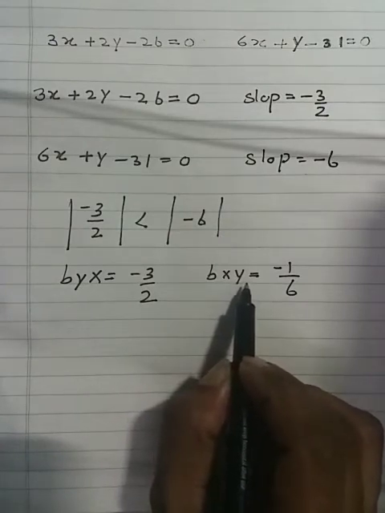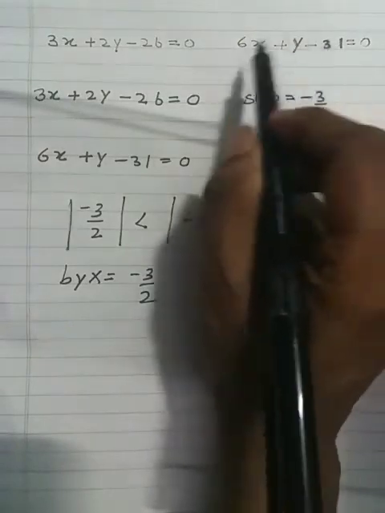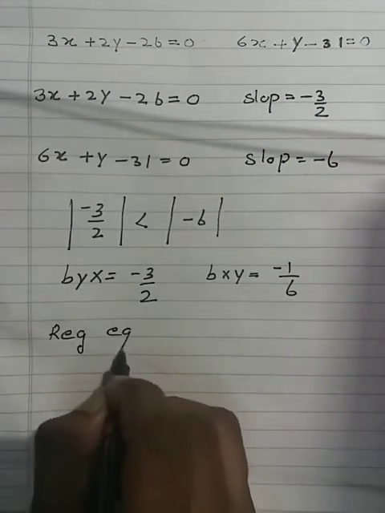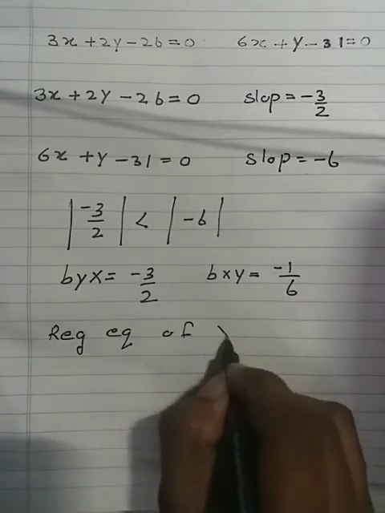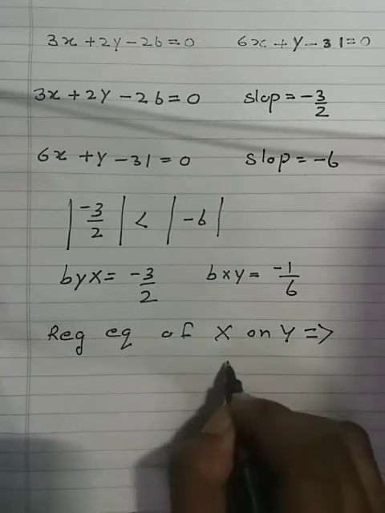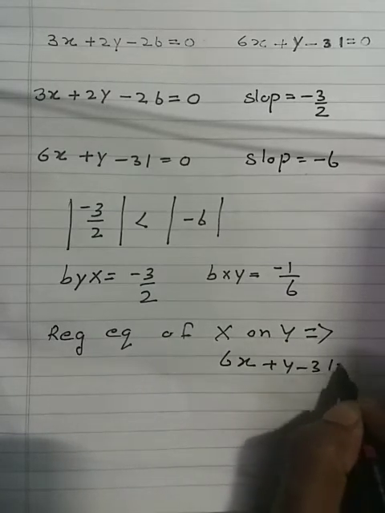So the equation in which bxy is there is the equation of x on y. So 1 and 6 are in this equation. So the regression equation of x on y is the second one, 6x plus y minus 31 equal to 0.